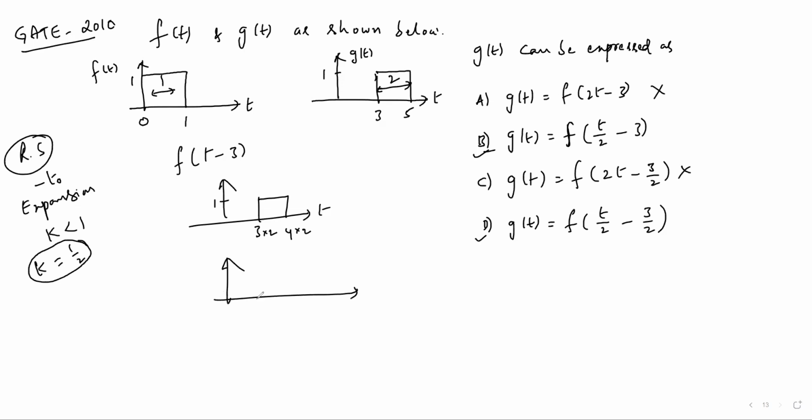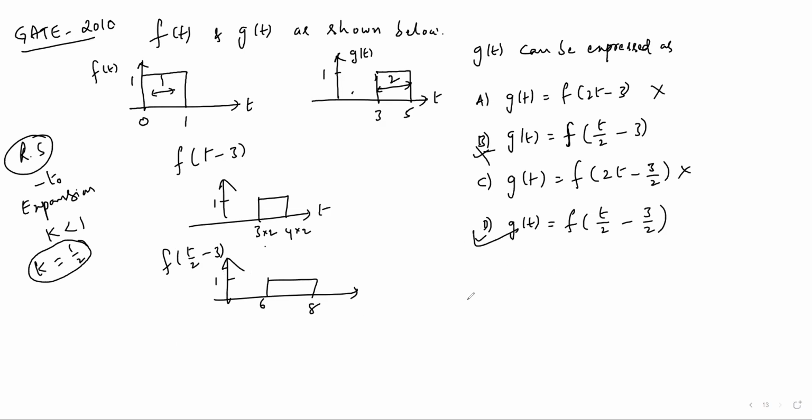I will get f of t by 2 minus 3 as 6 to 8. So this is not matched with g of t. So B is also wrong. So obviously you should get D. Here D is the right option.